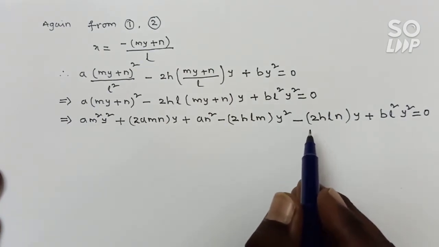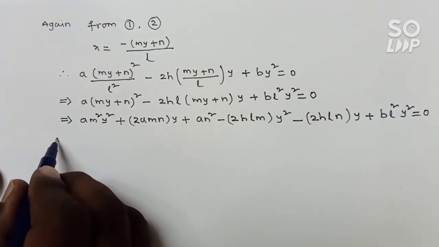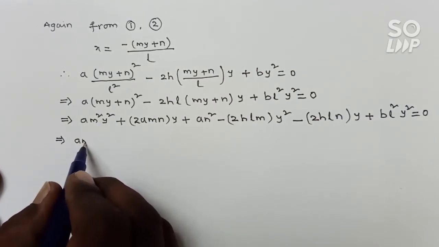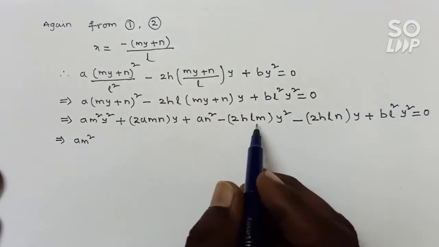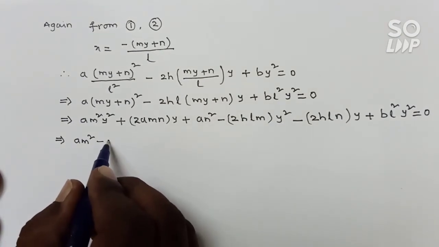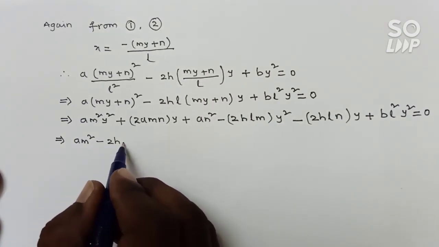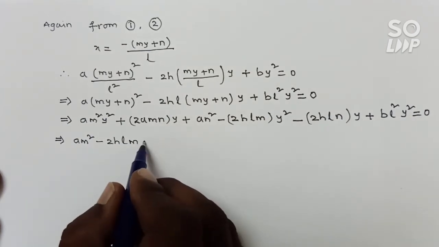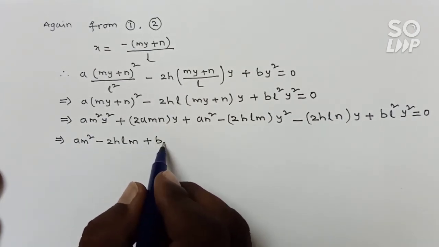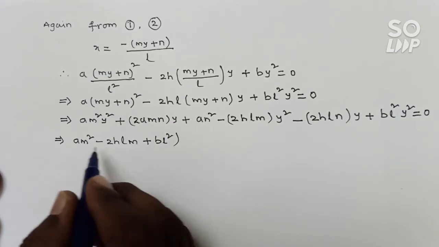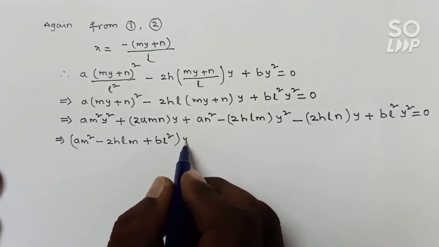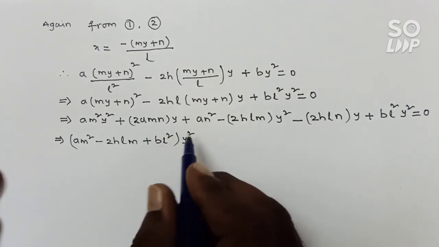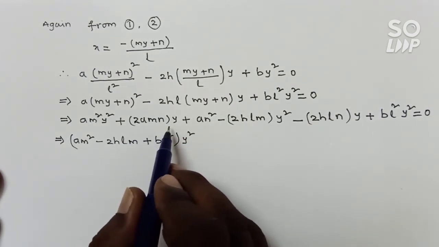Right? Now from this expansion you write the y square coefficient, y coefficient and a constant. What are the y square terms? a into m square, and next minus 2h into L into m, and next plus b into L square into y square. Next is the y term, here the second term is the y term.